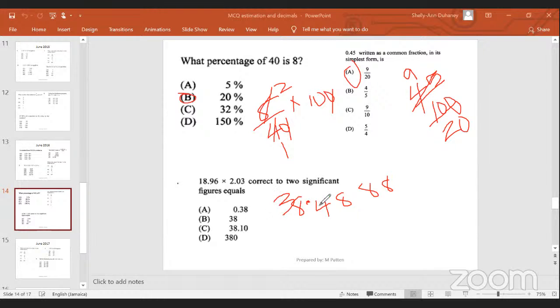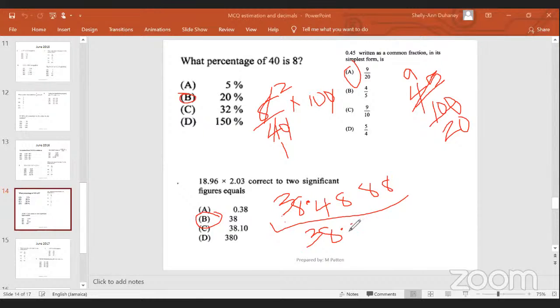Now, it says two significant figures. Anybody remember anything about significant figures? So two significant figures would be what? The 3 and the 8. Suppose I said 3 significant figures, what would it be? 38.5.